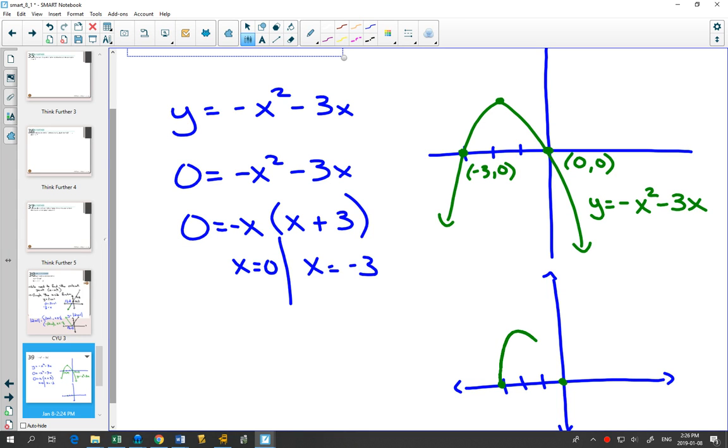This part of the graph, where the y values are positive, would stay the same. But the part of the graph that's below the x-axis, where the y values are negative, draw it in black, they would get flipped up. These parts here, where my y values are negative, get flipped up, and this would become the equation of negative x squared minus 3x, all multiplied by a negative.